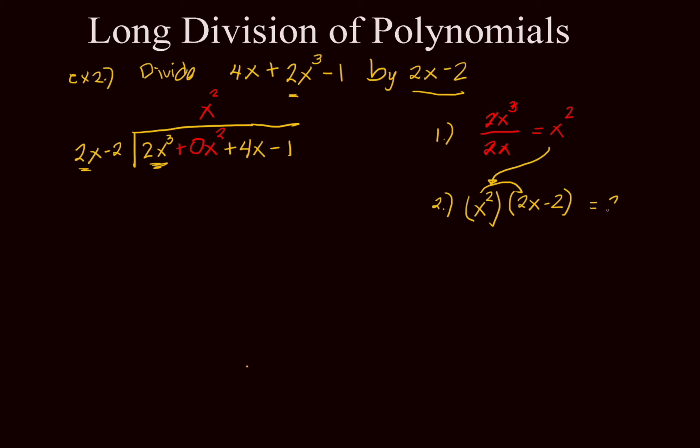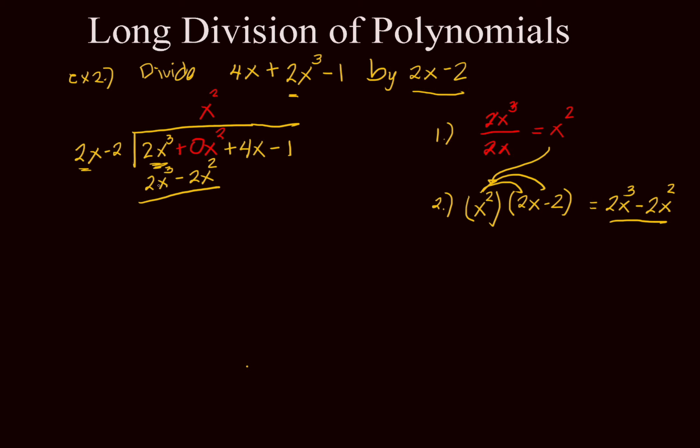That will just give us 2x cubed, and x squared multiplied to negative 2 will give us negative 2x squared. Now we are going to write this product underneath our 2x cubed plus 0x squared. So that will give us 2x cubed minus 2x squared. Let's subtract.